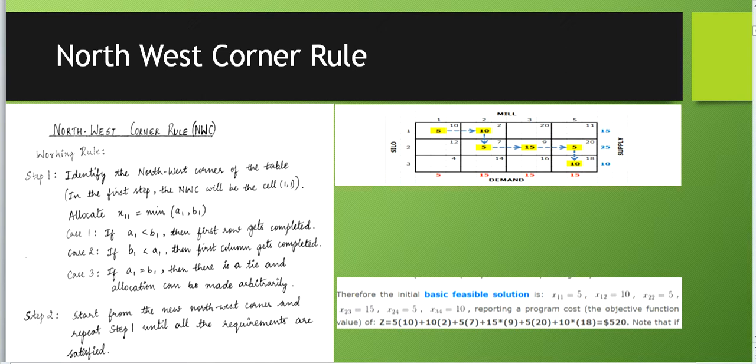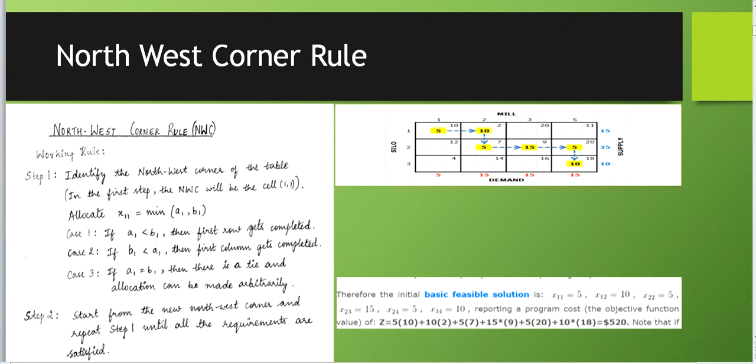Now we have a working procedure at the left side of my slide, and also a working example, you can see at the right hand side of the slide. Now let us first check whether the given problem is balanced or not. So what do I mean by a balanced problem?